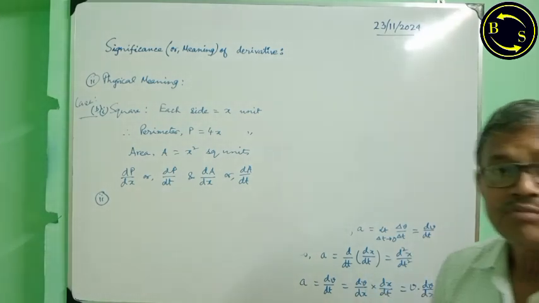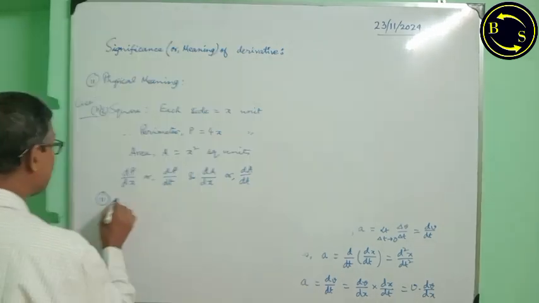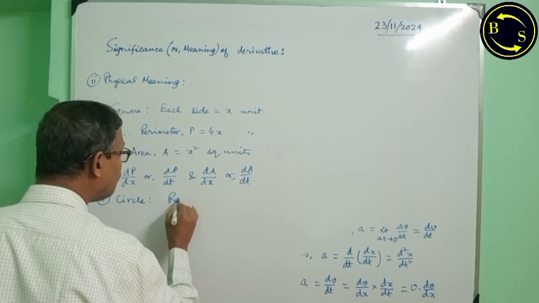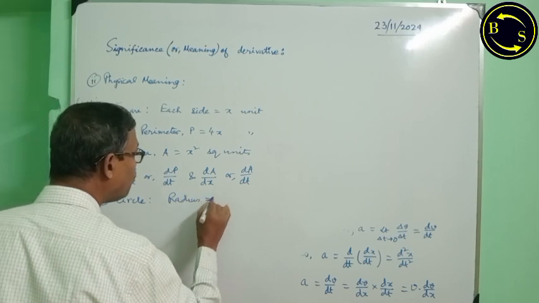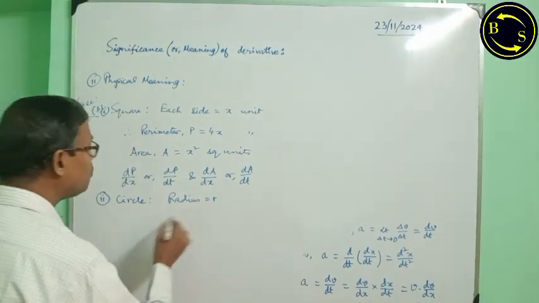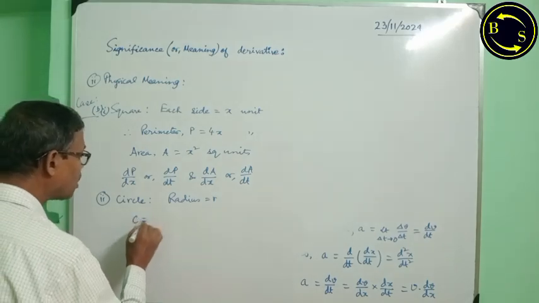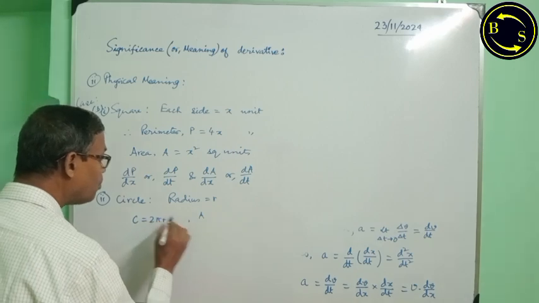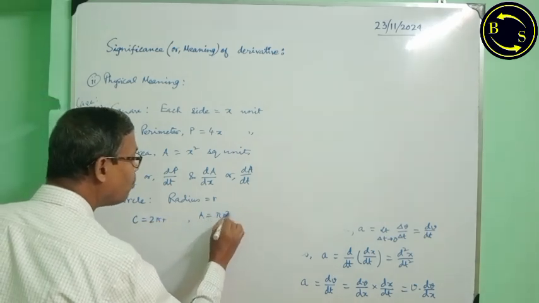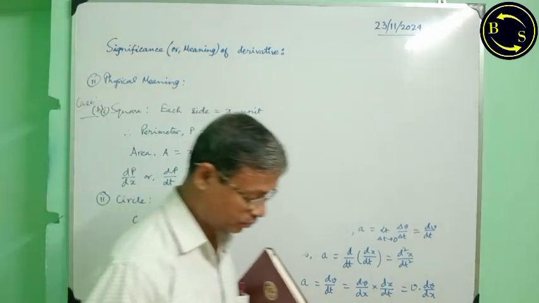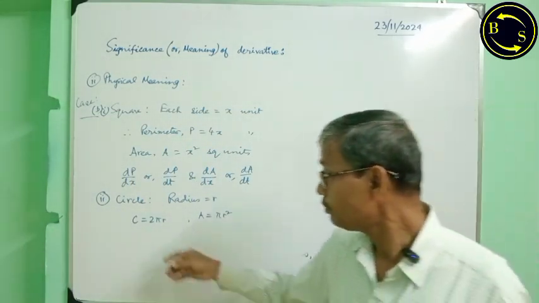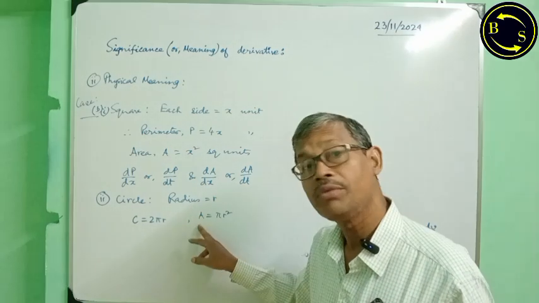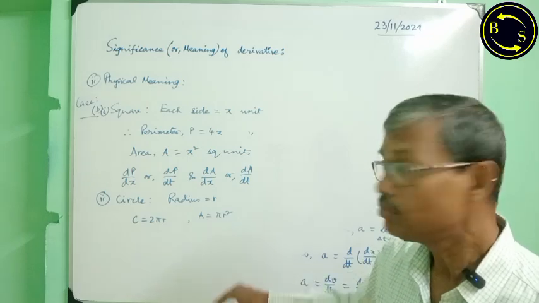In case of circle, if the radius be r, then we consider circumference as well as area. Then we can consider rate of change of its circumference with respect to time or with respect to r, rate of change of area with respect to r or with respect to time.